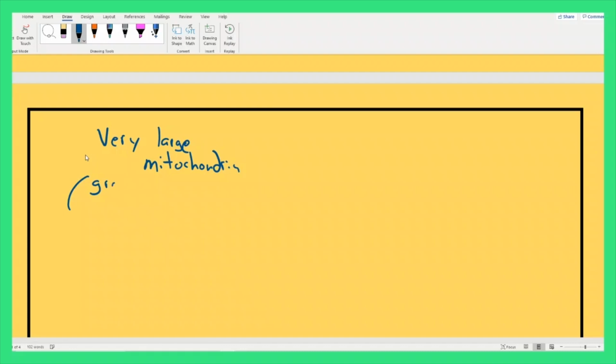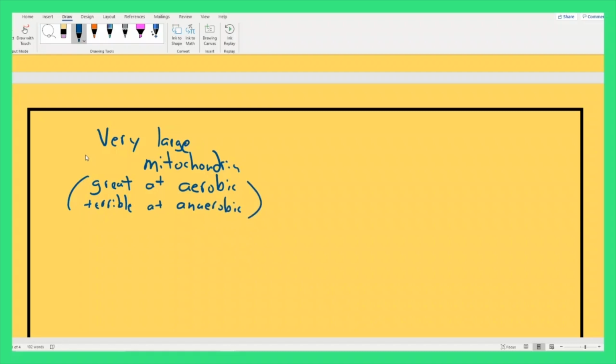They're great at aerobic metabolism, terrible at anaerobic metabolism. Cardiac muscle cells I'm talking about.